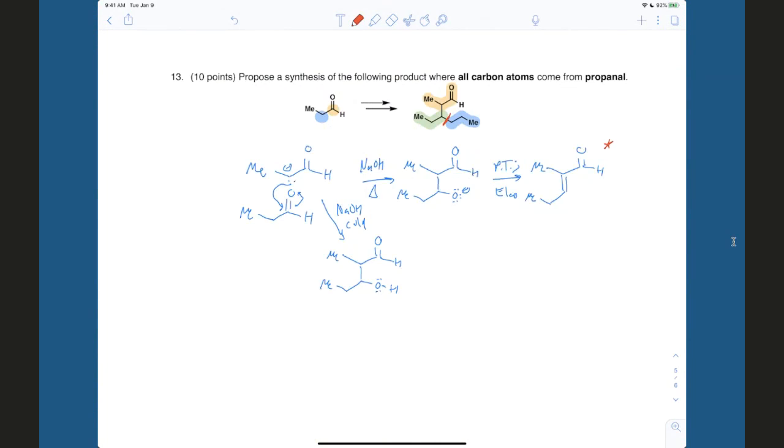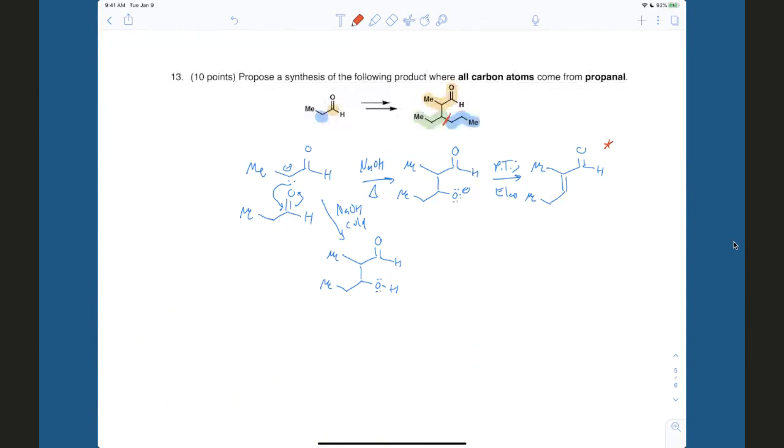So what is our soft carbon nucleophile for 1,4 additions? So if we added an amine, then we're going to end up having a nitrogen carbon bond, and we don't have any nitrogens in the product.